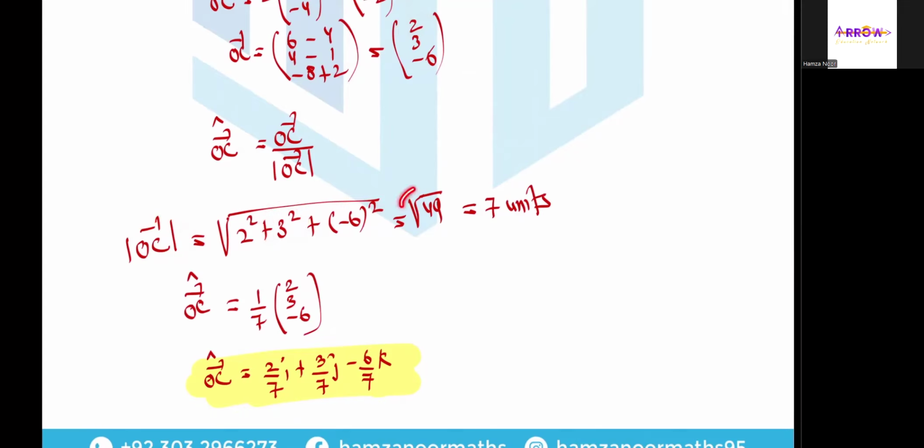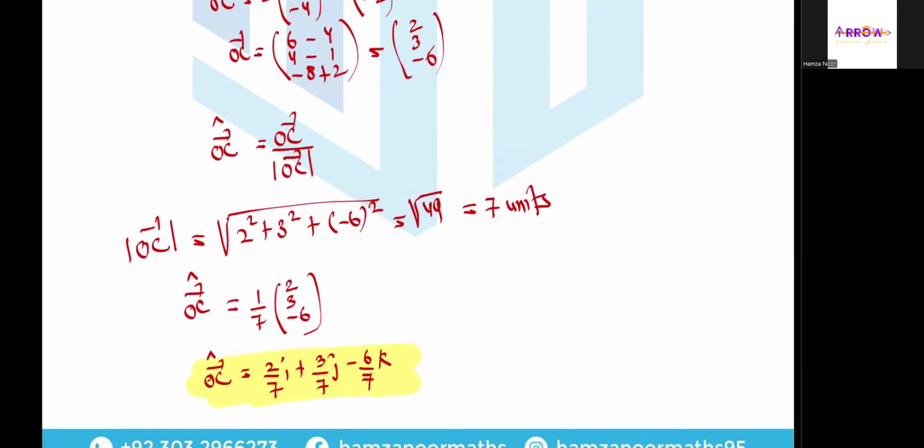So the magnitude is under root 49, which is equal to 7 units. And now OC hat will be equal to 1 upon the magnitude of OC vector multiplied by the OC vector itself. Therefore, 2 over 7 is the I component, 3 over 7 is the J component, and minus 6 over 7 is the K component.